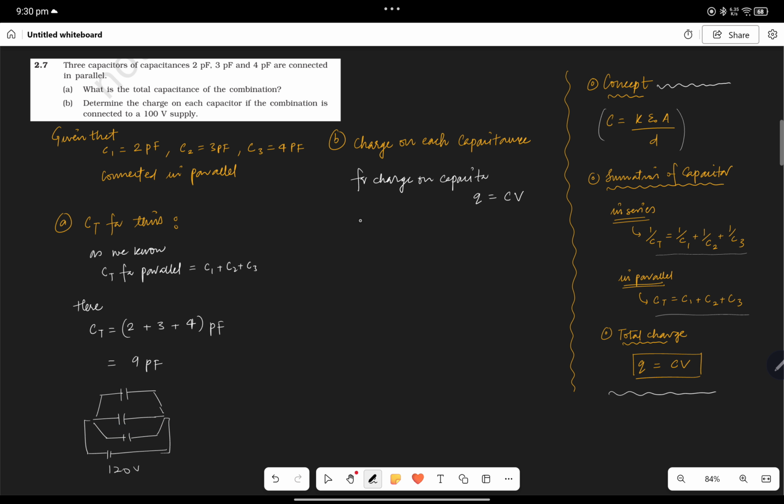So that's why what you are going to do is, for capacitor 1, that is 2 picofarad, the charge on it is equal to VC, right?